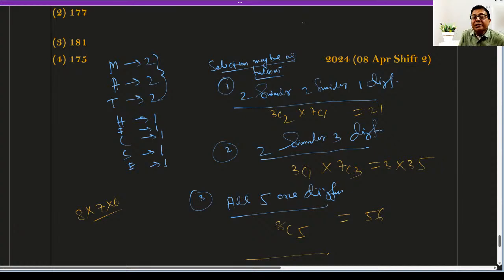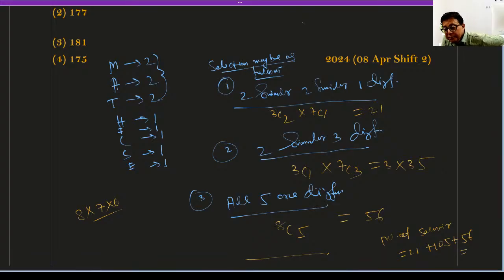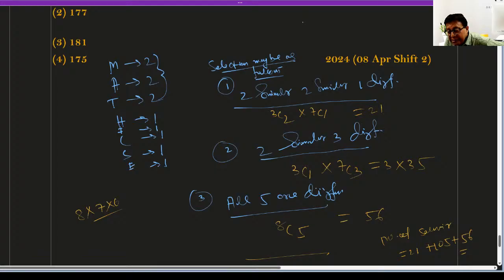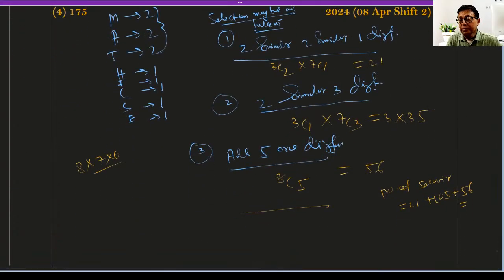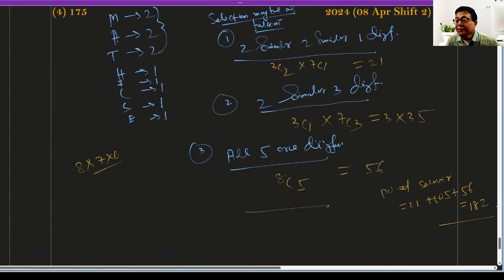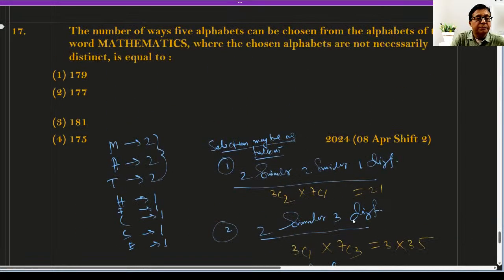So how many ways can selection be there? 21 plus 105 plus 56. That is 77, 105, 182. It's alright? You have understood? 182 is not there in this; 181 is there. One extra case we have taken.